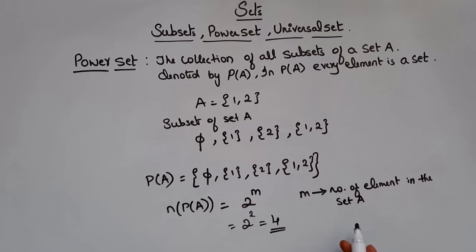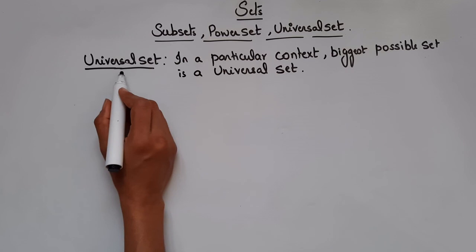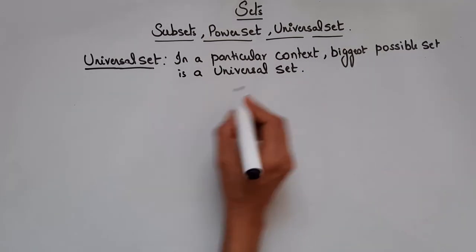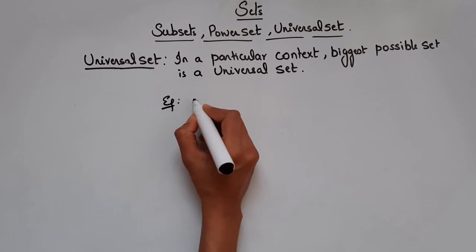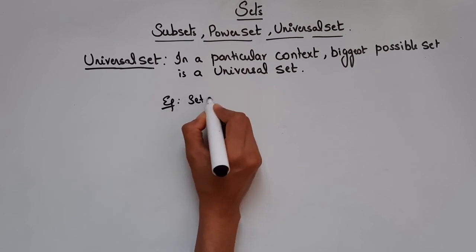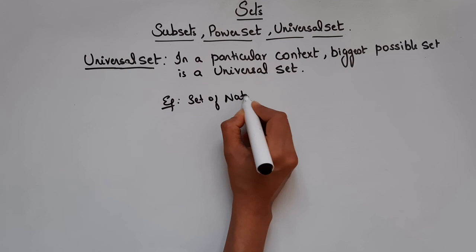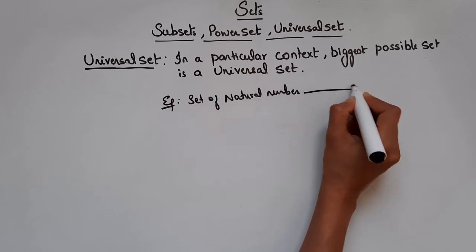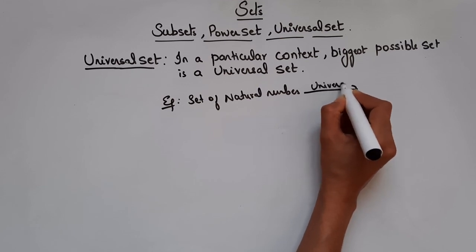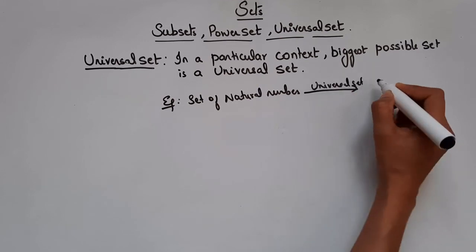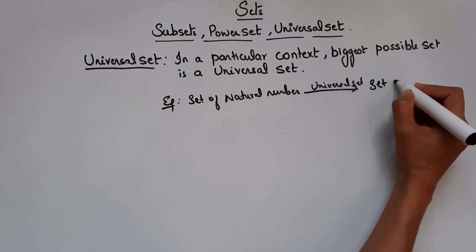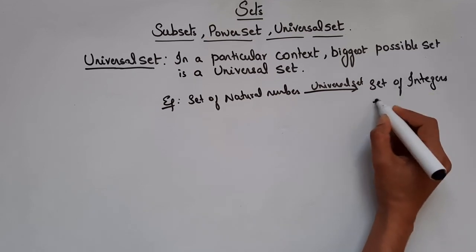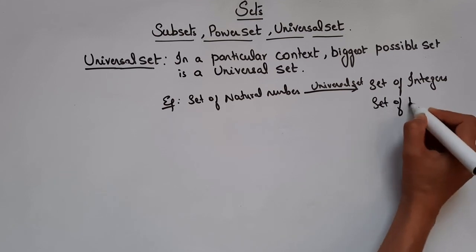Now let's move on to universal set. Now let's see what is a universal set. In a particular context, the biggest possible set is a universal set. Say for example, for the set of natural numbers, the universal set is the set of integers, or it can be the set of real numbers.